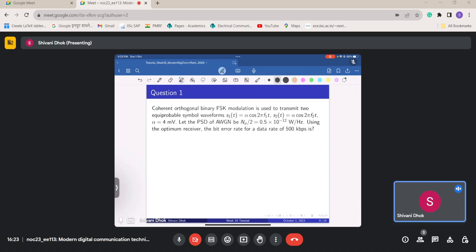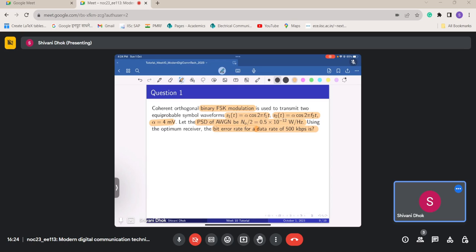So let me just highlight what all things are given. We have binary FSK, and the orthogonal waveforms that are sent are these, and the coefficient alpha is 4 millivolts, and the AWGN PSD is this, and we are using an optimum receiver, and we need to find the bit error rate, and the data rate is given as 500 kilobits per second.